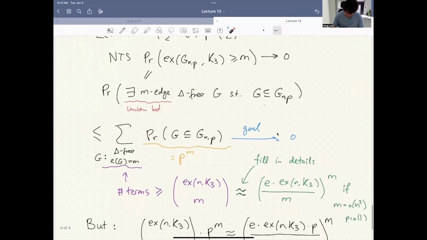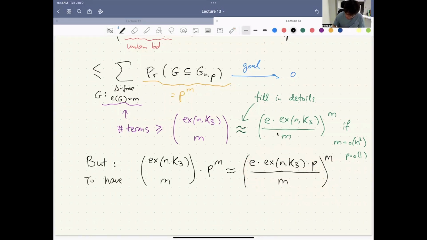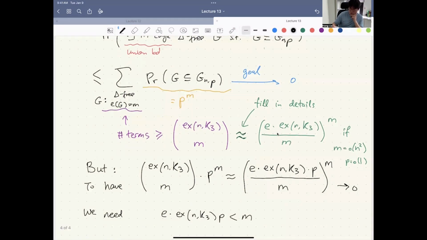We will need the base to be strictly less than 1. To have this go to 0, we need ex(n, K3) p to be less than m, which is not true.